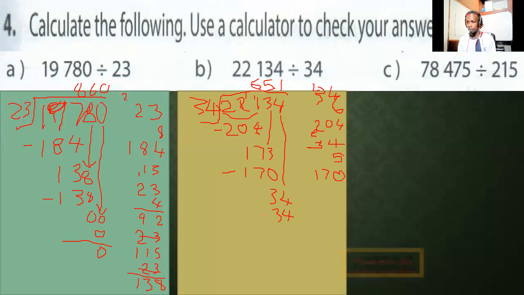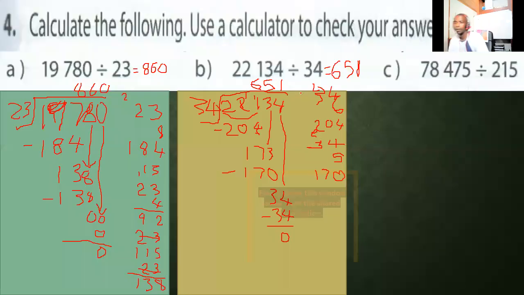Then 34 minus 34, 0. I've come to an end. So the answer is 651. So our answer is 651.